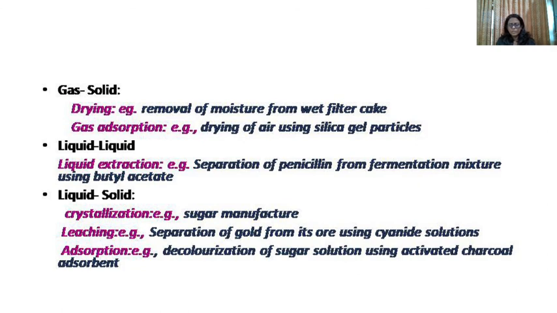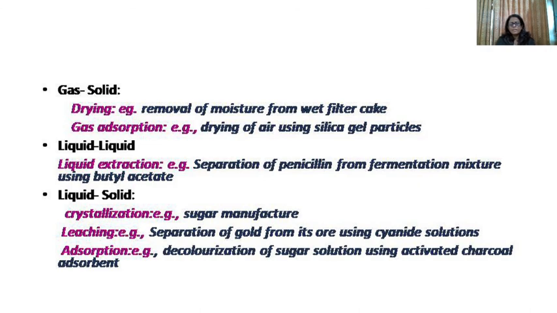If you want to remove that unwanted color, use a suitable adsorbent like activated charcoal, which is added to the solution, and all the color-causing substances get concentrated on the adsorbent particles. Thereby the unwanted color can be removed from the sugar solution before it is subjected to crystallization. So these are the applications we see under the direct contact of two immiscible phases.